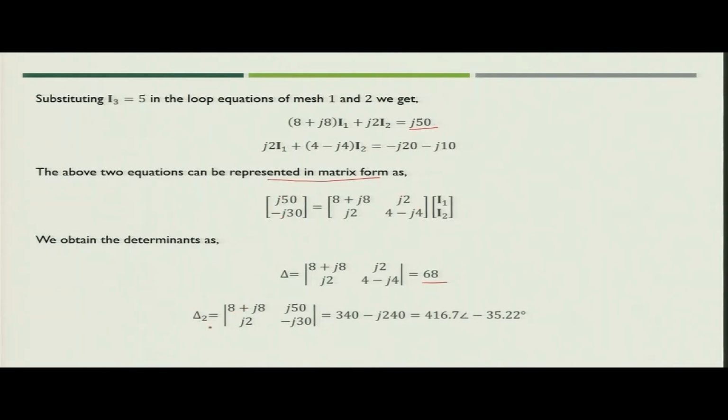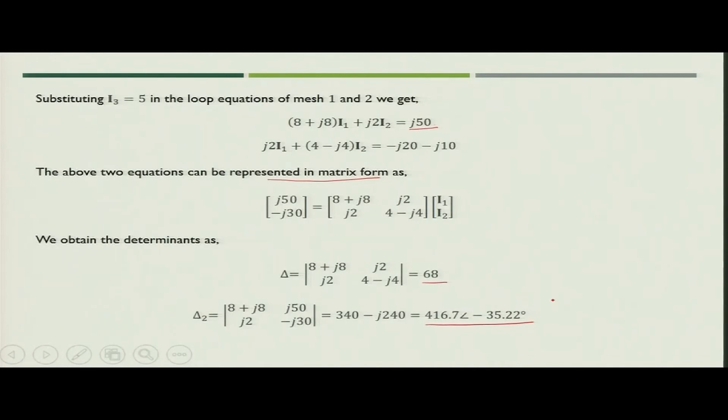So, we get the determinant delta 2 as 8 plus j8, j50, j2 and minus j30, and when we find the value of the determinant, we get 416.7 angle minus 35.22 degree. When you calculate the values, you get delta as 68 and delta 2 as 416.7 angle minus 35.22 degree.